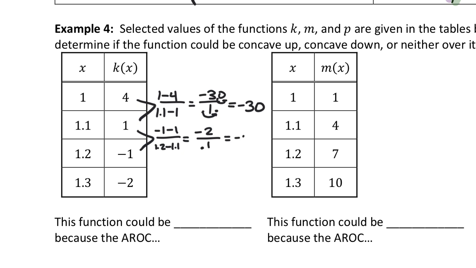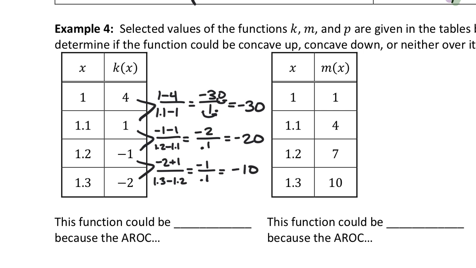Negative 20 over 1, which is negative 20. Same vibe, negative 2 minus negative 1 over 1.3 minus 1.2, which is negative 1 over 0.1. Draw a conclusion there. What is negative 1 over 0.1? Negative 10. Okay.